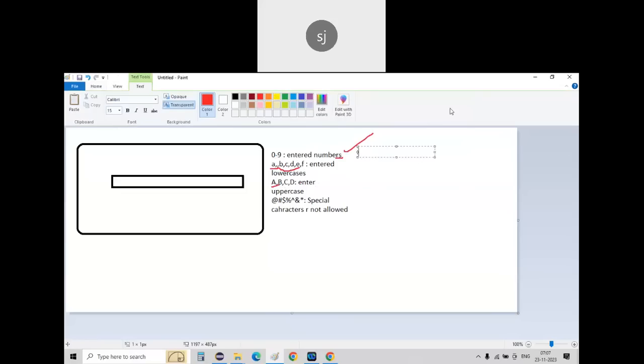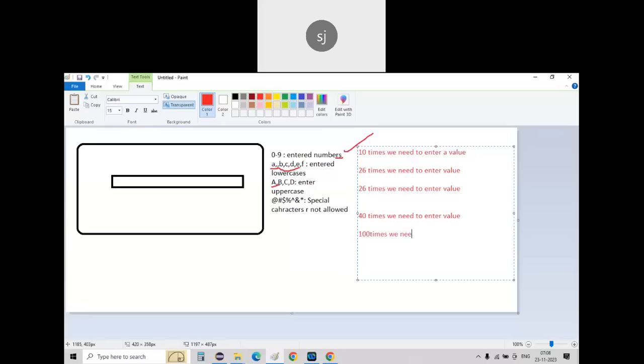So, in order to test 0 to 9, we need to enter a value 10 times. Similarly, to check the lowercase letters, there are 26 alphabets, so 26 times we need to enter a value into the field. The uppercase also needs 26 entries, and the special characters, maybe 40 special characters, so 40 times we need to enter a value.